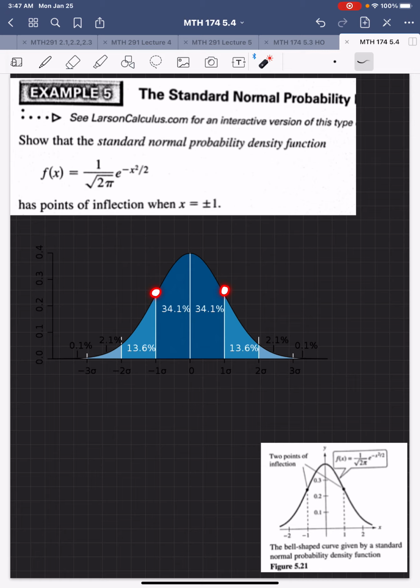In other words, the concavity changes, right? So we are concave down, and then we move to concave up. So again, this is just a culmination of previous math formulas and techniques that you've learned before. The only thing new would be the new derivatives for e to the u.